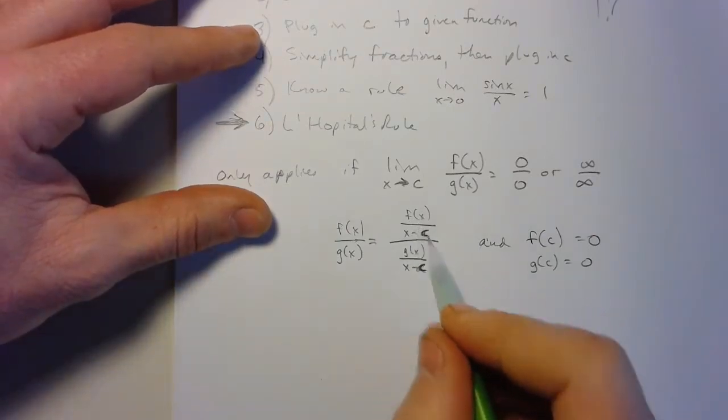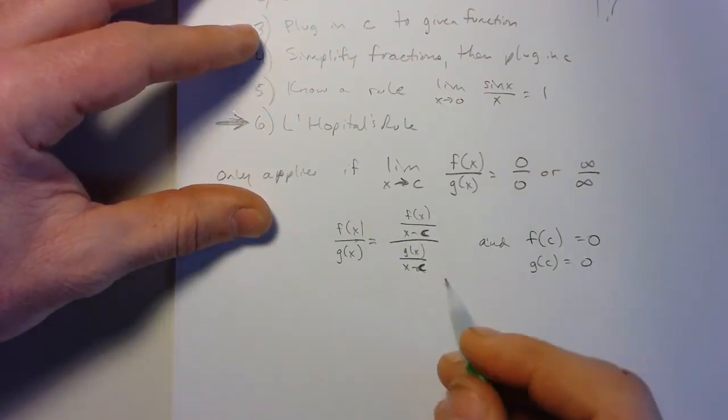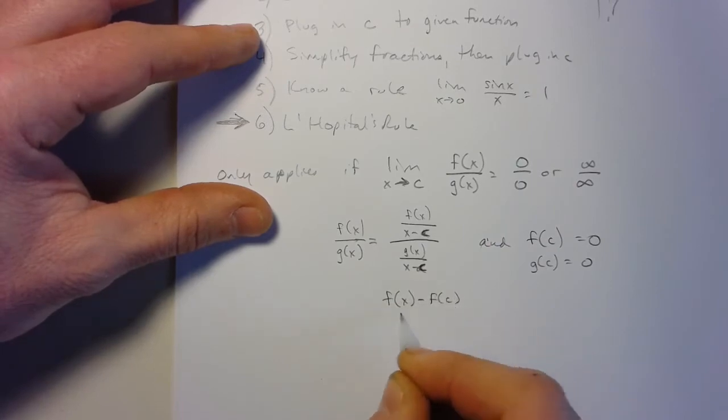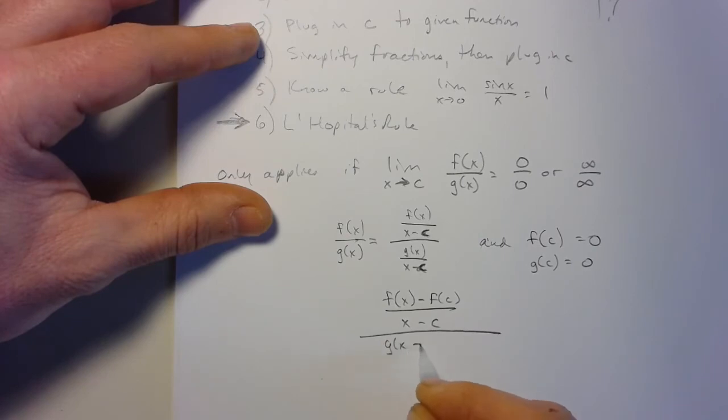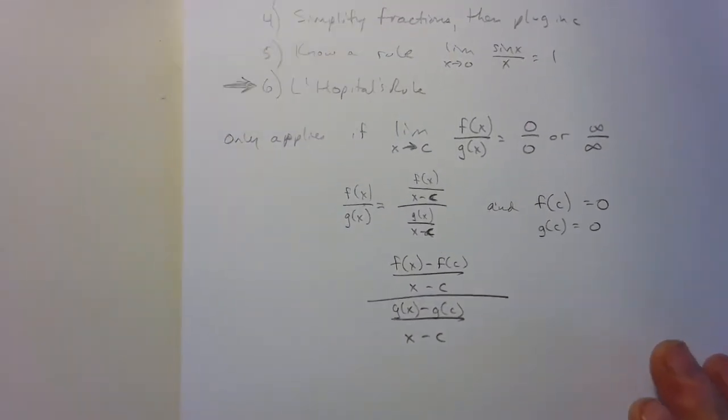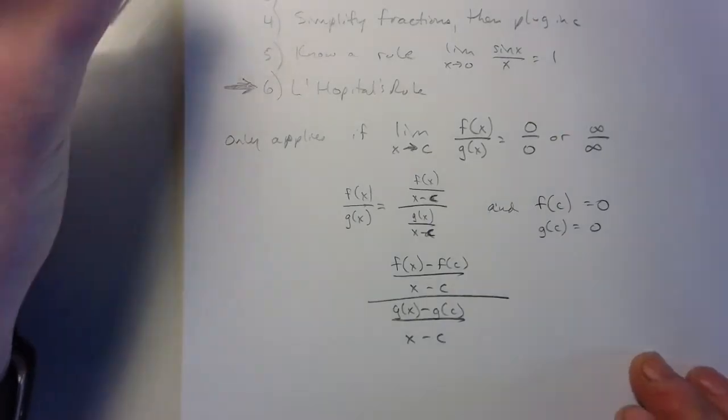Because these are both 0, then this is true as well. Why is that true? Because we're just subtracting 0 from the top and the bottom, so nothing's really changed there. All right, we have our function the same.